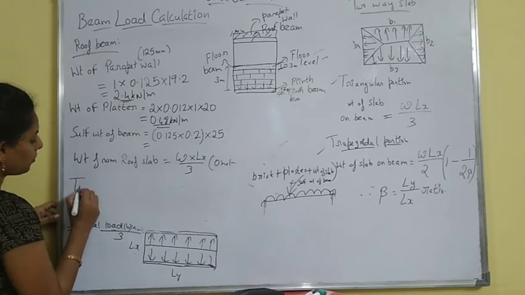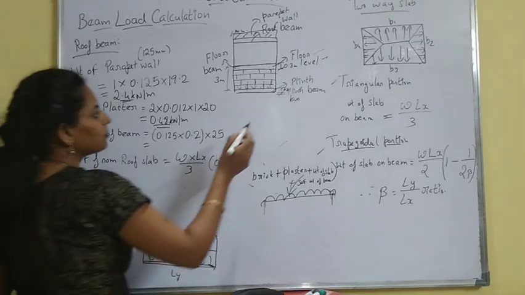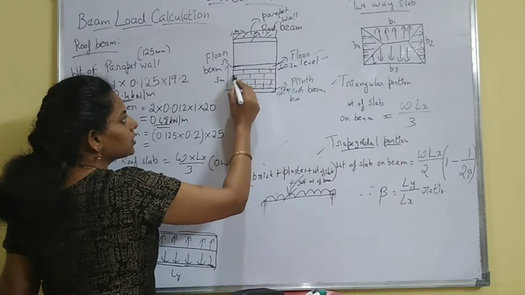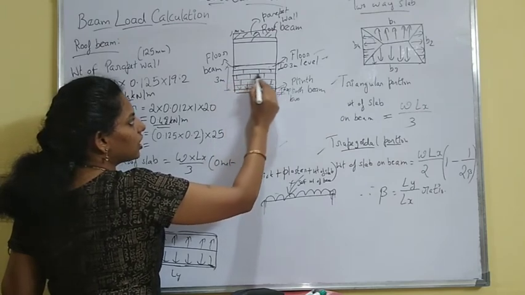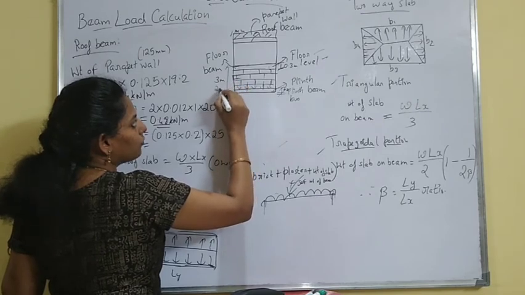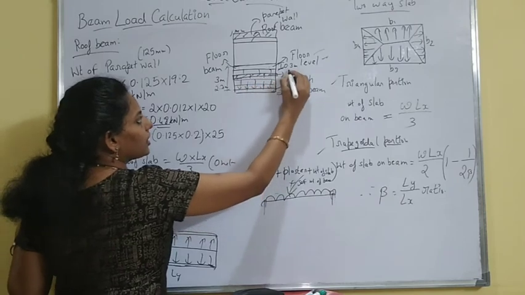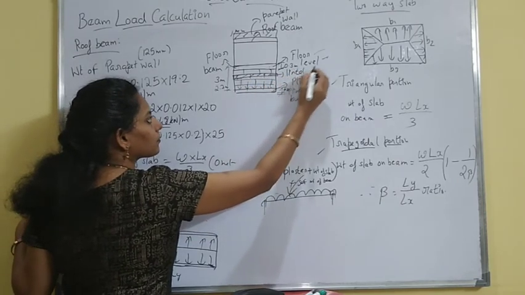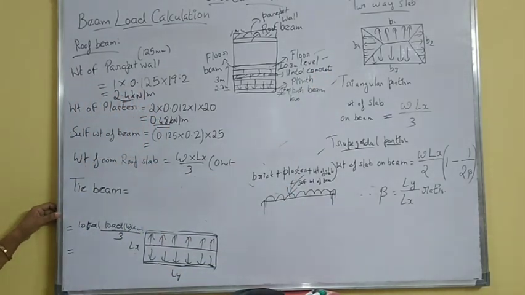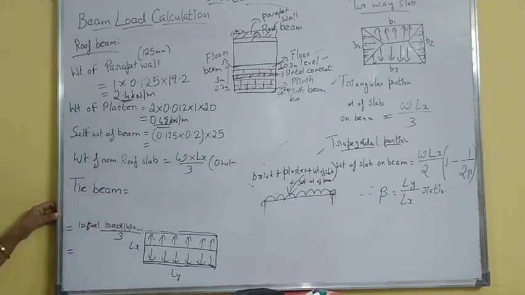Suppose you are providing a tie beam. A tie beam is similar to a plinth beam, but the tie beam is usually provided in the brickwork at a height of 7 feet, around 2.7 meter, where you will provide one lintel concrete. If you are providing a through lintel, that is nothing but your tie beam calculation.